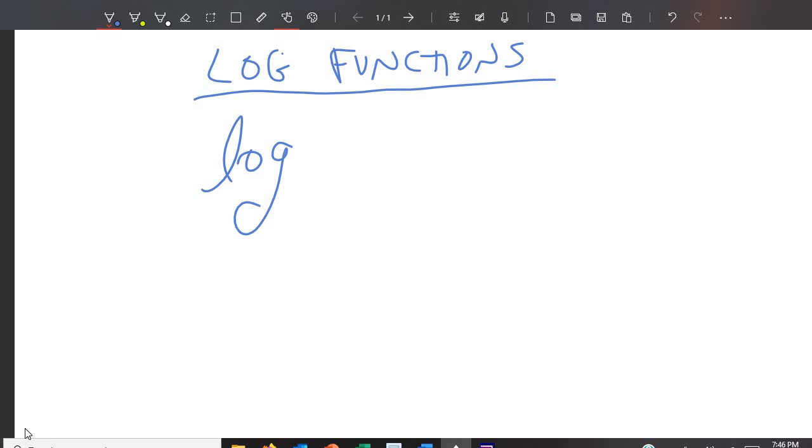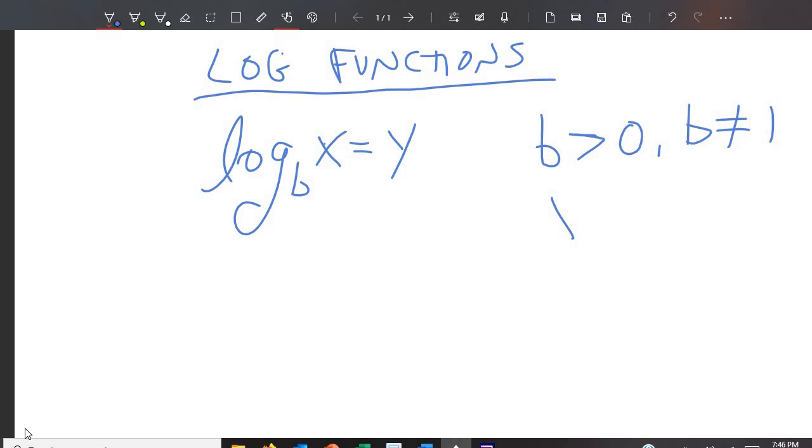Log, there's a little number called b that we call the base, of x equals y. This is the logarithmic function. The number b has to be greater than 0, and cannot be equal to 1. Alright, x has to be greater than 0.